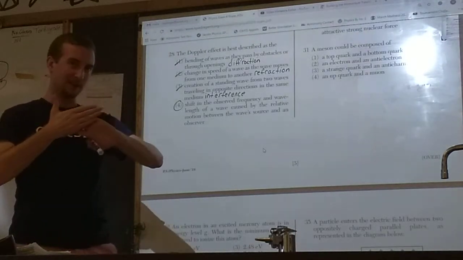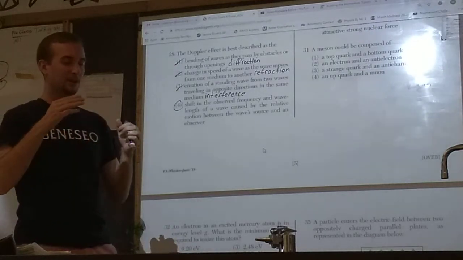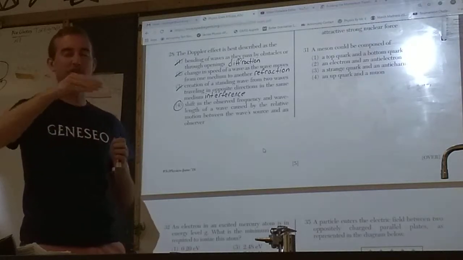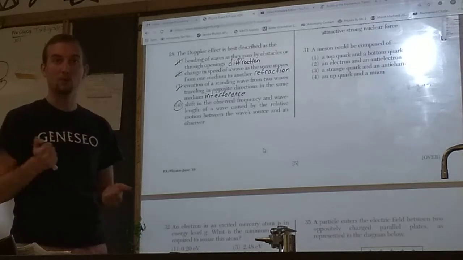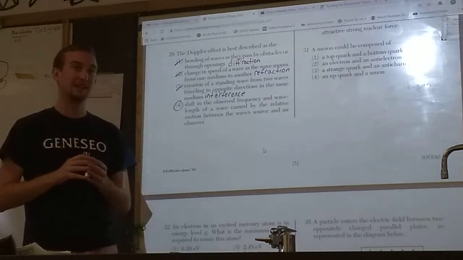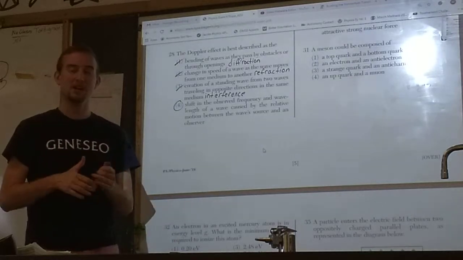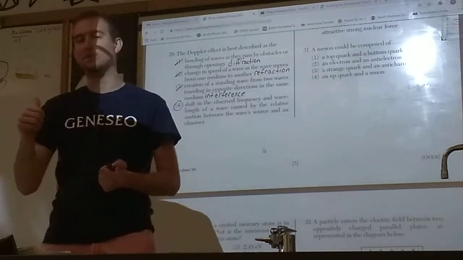So the wavelength seems to be shorter because the sound wave gets produced and it travels, but the ambulance is trying to keep up with the sound wave. That reduces the distance between wave crests. And if the wavelength decreases, the speed of the wave is just, it's a wave in air, it's not changing. If the speed is the same and the wavelength decreases, that means the frequency has to go up.